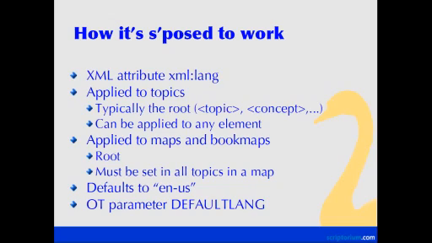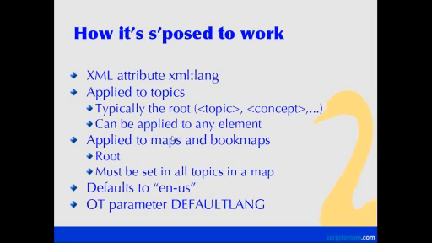So in your topic element, you'll say XML:lang, EN-US, or FR-CA, whatever your language is. You might put it in the topic or concept. But you can apply XML:lang to any element. And so if you do have text with mixed languages, there are times when it's useful to put XML:lang on a particular element.